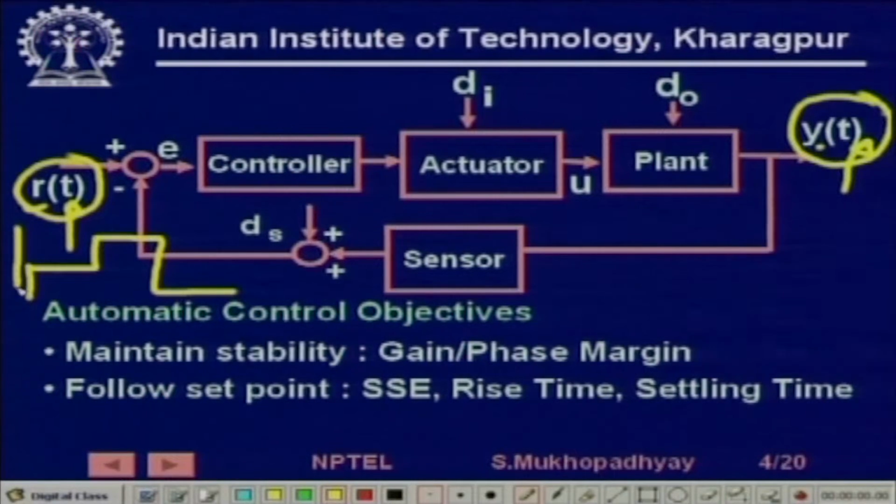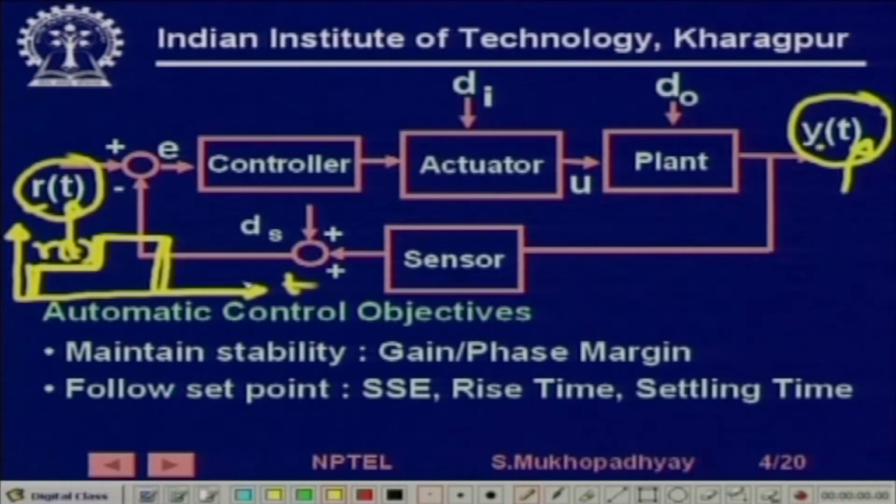So, this is a typical R(t) versus t. They take step jumps, and these are held. So, we are typically talking of this kind of step responses, this kind of set points.